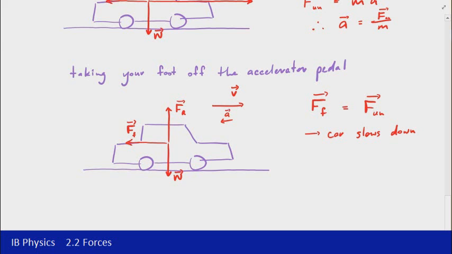So that's going to cause the car to decelerate. Now, in the case of braking, all it really means is that instead of just having this frictional force, we'd also apply another force in the reverse direction. So say a braking force FB, that's just going to increase the size of that unbalanced force and therefore increase the acceleration.